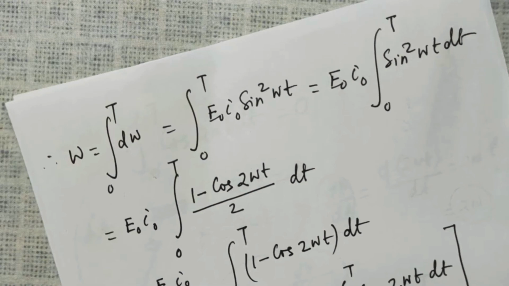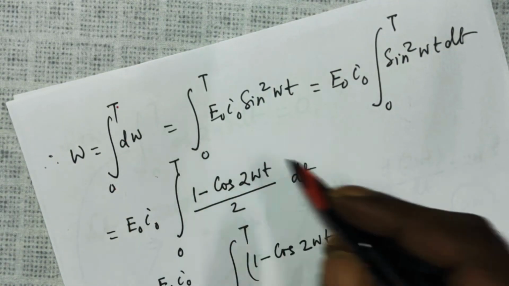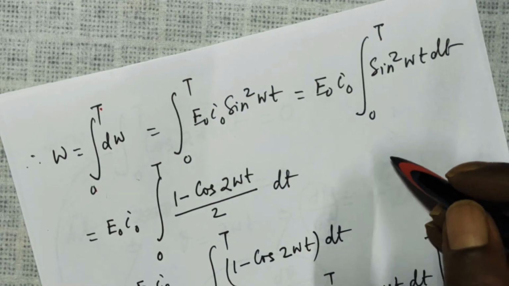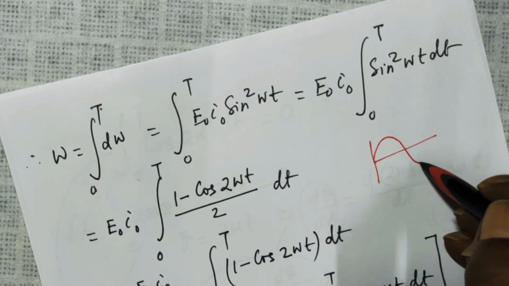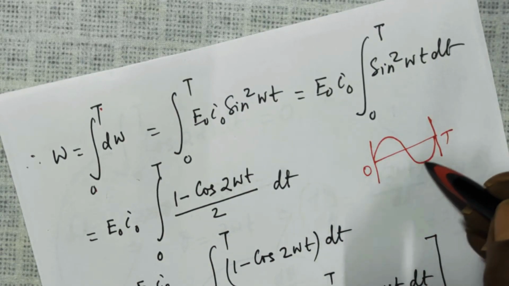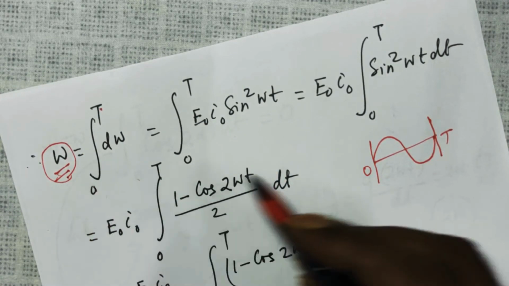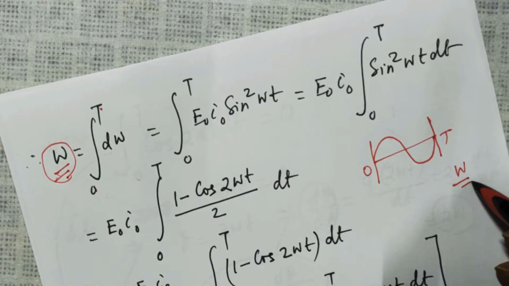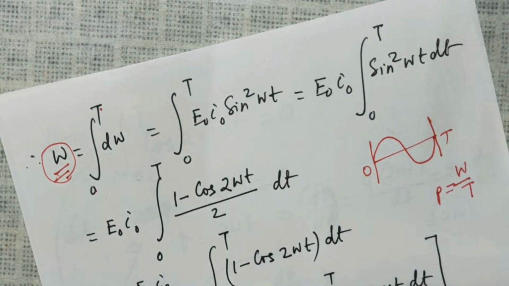So the total work done W will be equal to the integration of dW for the full cycle, because we are providing AC now, not DC. We are providing this alternating voltage, right? For one complete cycle, what is the total work done? If you can find out the total work done, then work done divided by time will be power over the whole cycle.